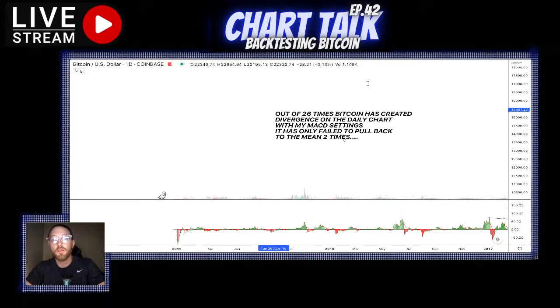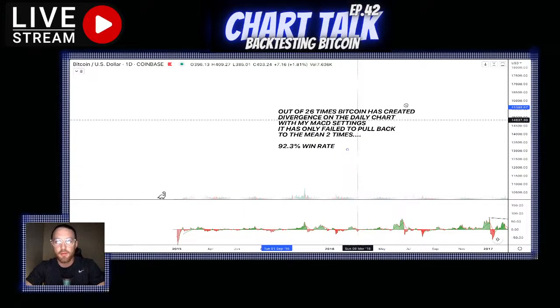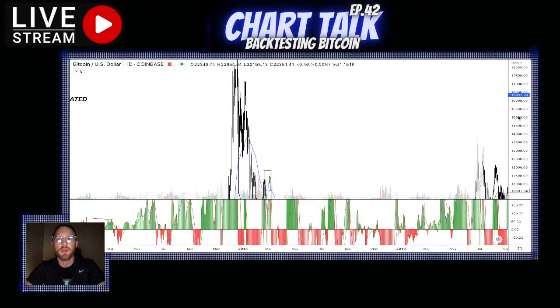That's a 92% win rate. 92.3% win rate, that when there is divergence, we are going to see a pullback to the 50 EMA. Very interesting.